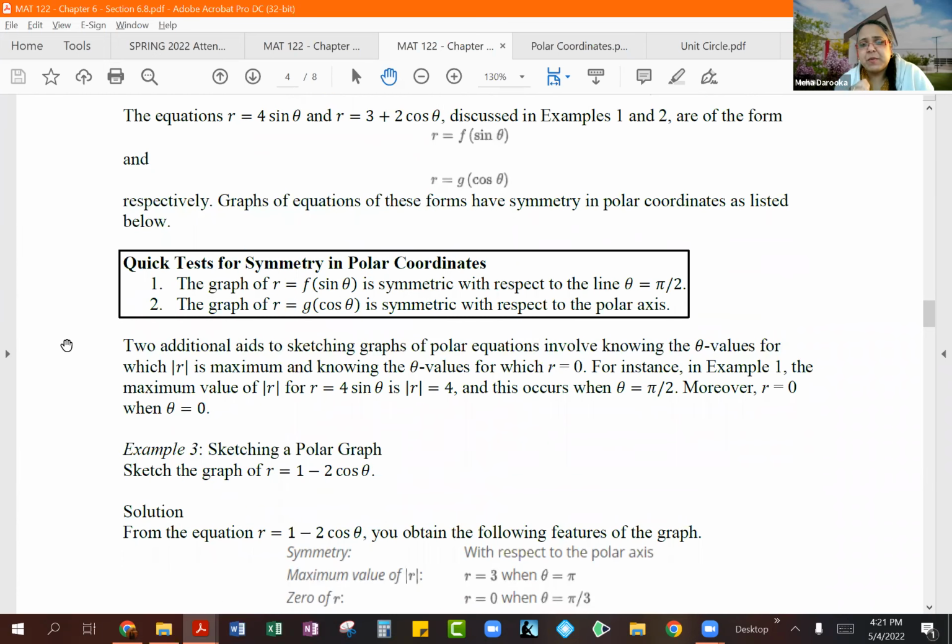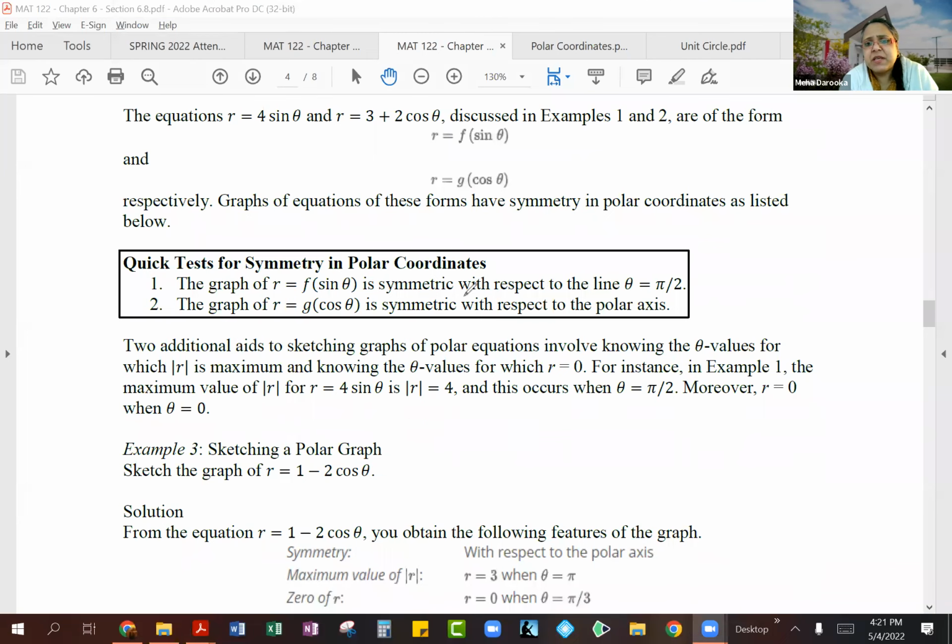We had also talked about a quick summary for symmetry with the polar coordinates, and that was that if you have a function that has sine theta in it, any numbers being multiplied into that, added, subtracted, doesn't matter, then all functions that have sine in them are going to have symmetry with respect to the vertical line, theta equals pi halves.